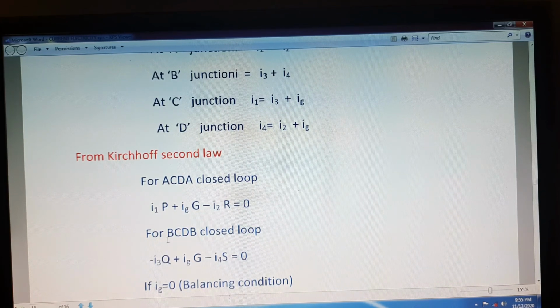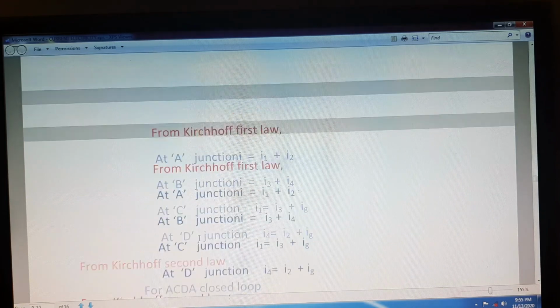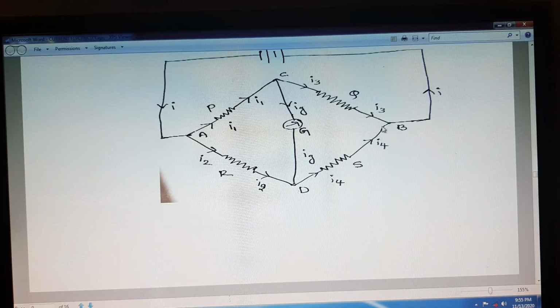In the same manner, for the circuit BCDB, we move from B to C. We can observe that B to C, the arrow mark is opposite to the direction, so minus I3Q. Next, C to D, plus IgG.